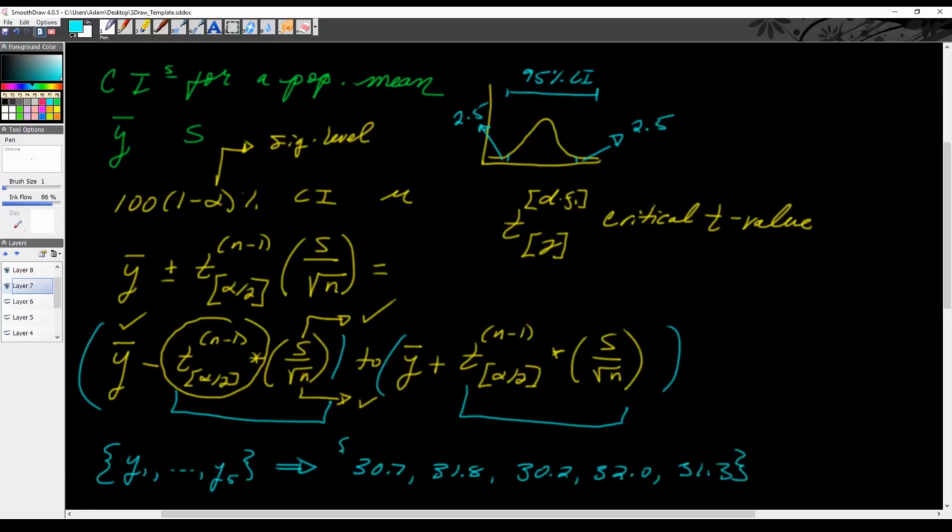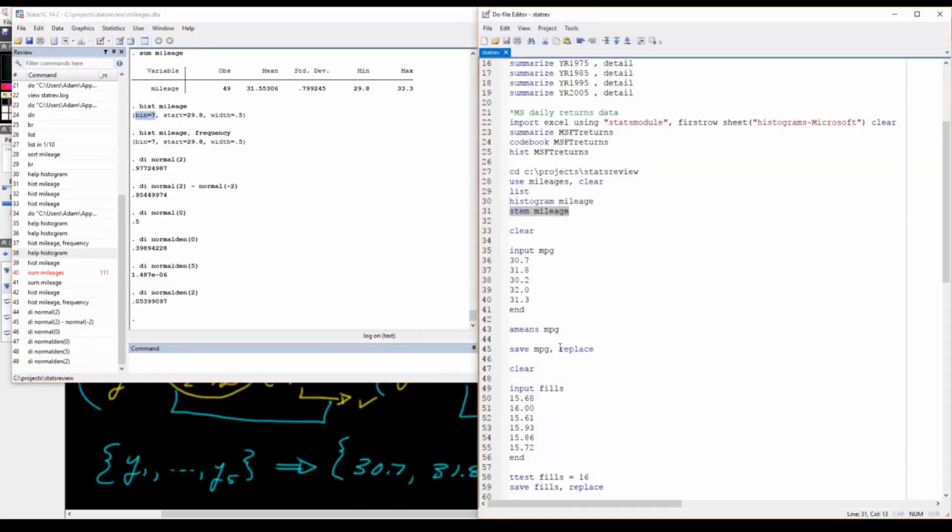So these are the values. We've taken a random sample of 5 Hawks, and we want to solve for the 95% confidence interval for the true population mean. So let's do this in Stata, and we can confirm some of these values by hand, but the fact of the matter is we do this using computers.